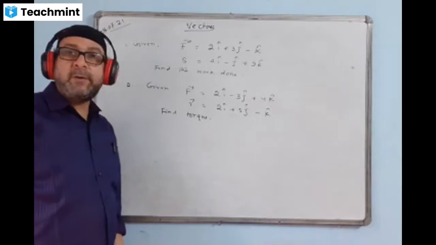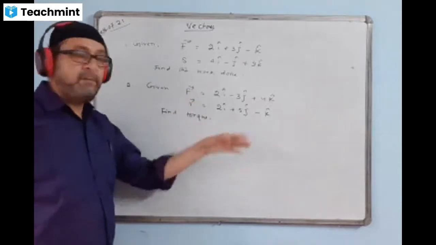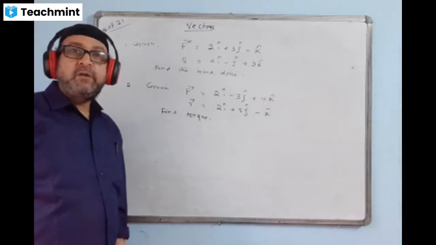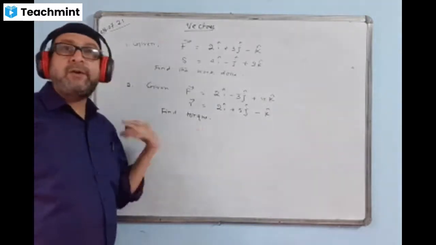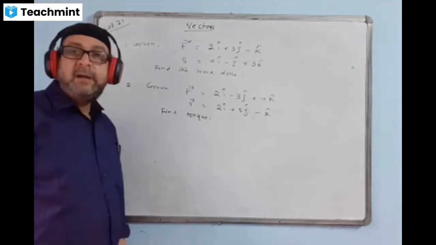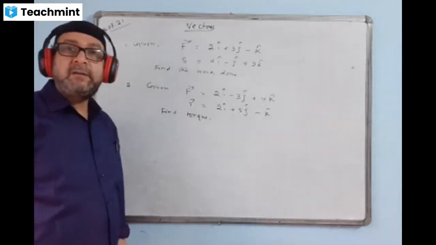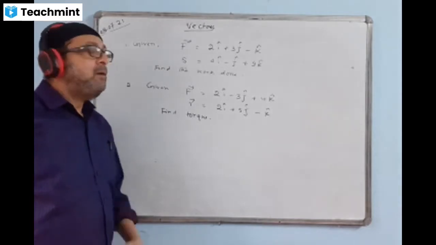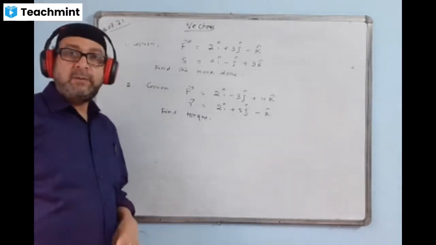Torque means the cross product. You take the cross product between them. And if you have to find the magnitude, then you will find the magnitude. Otherwise, torque you can just find in the form of ijk. So this is the question I have given. Everybody must try and either send me the answer by evening, just the answer, or I'll ask you tomorrow.